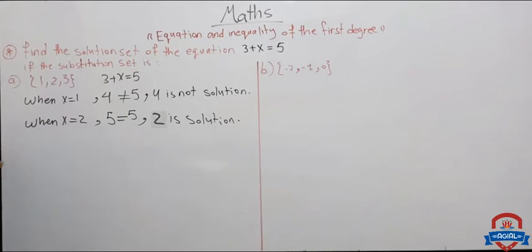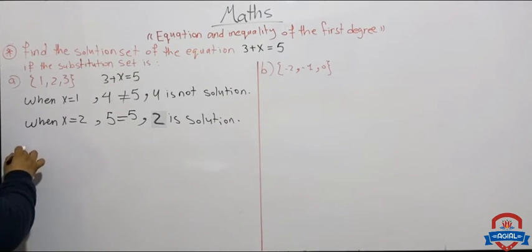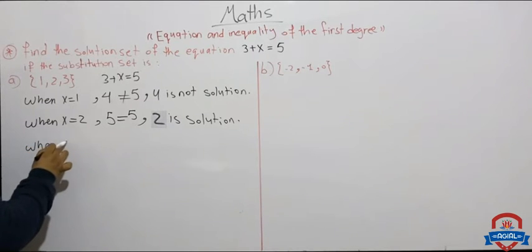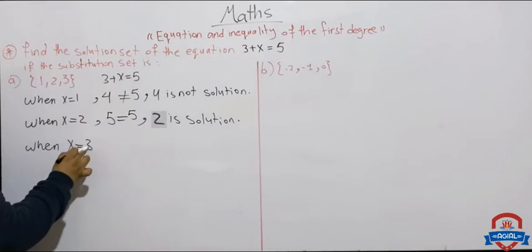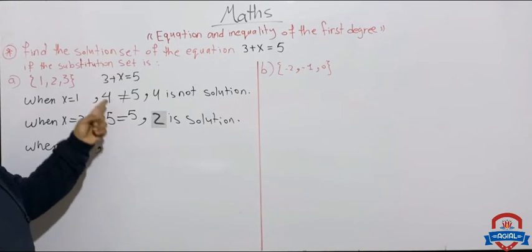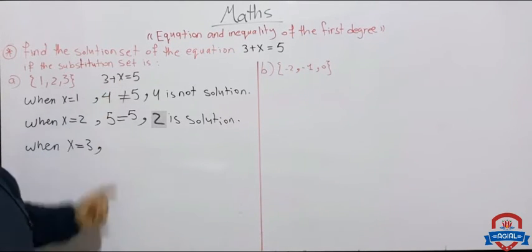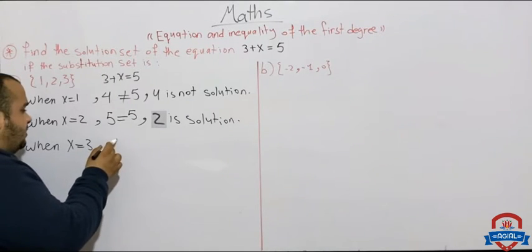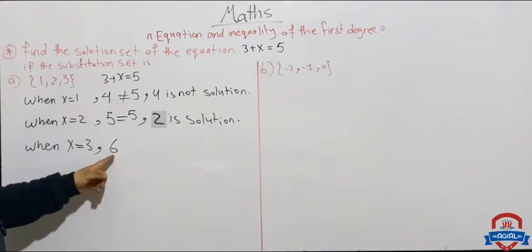By the same way, when x equals 3, the left hand side equals 3 plus 3, and 3 plus 3 equals 6.